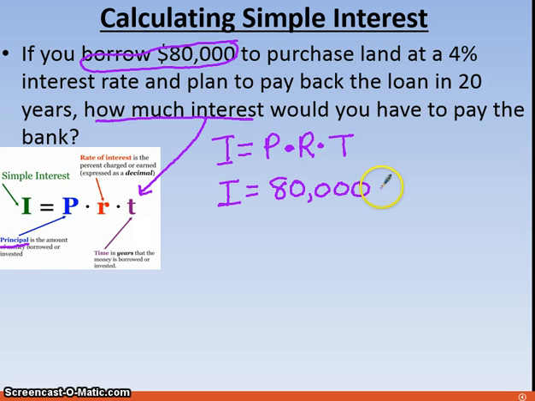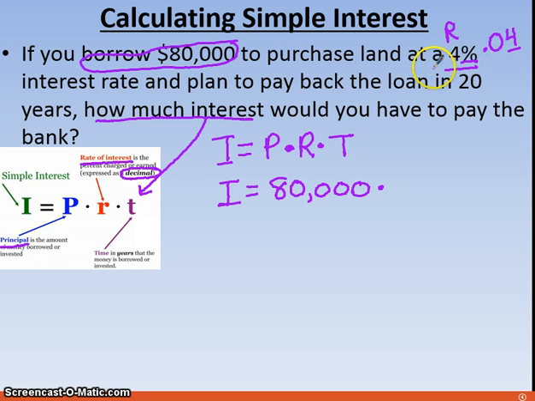Now I'm going to multiply that by the R, which in this case stands for rate of interest. Now notice, the rate of interest is a percent, but we need it as a decimal. Here is our rate. It is 4%. Percent literally means out of 100, so I need the 4 in the hundredths column. What will I put in the tenths column to hold the value?